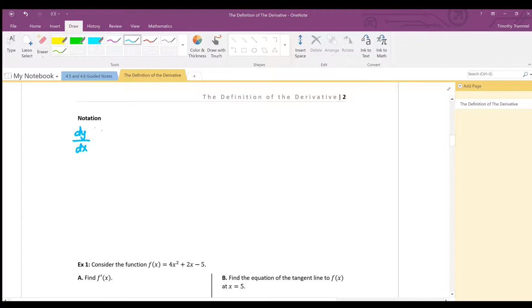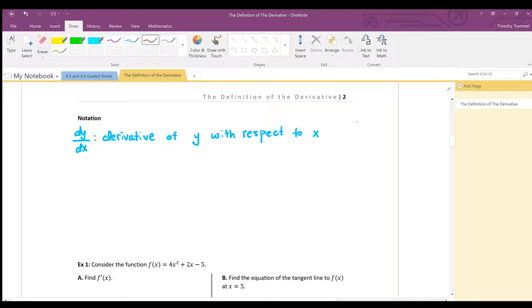This is the derivative of y with respect to x. And we'd usually use this notation if our function is given in the form y equals something.